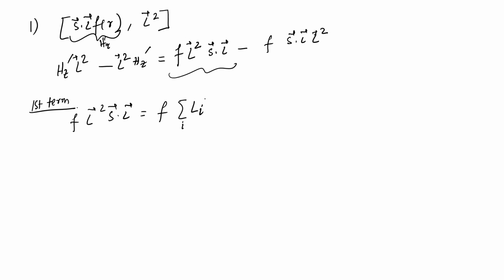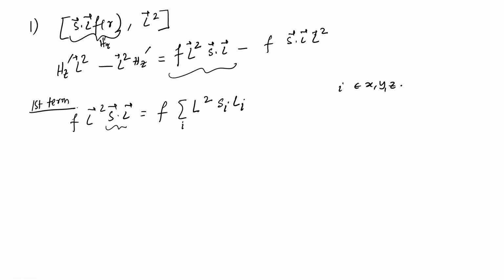So, this is L square, which is L_x square plus L_y square plus L_z square, and because it is a dot product, we can write it as the sum over i of S_i L_i, where i is x, y and z.